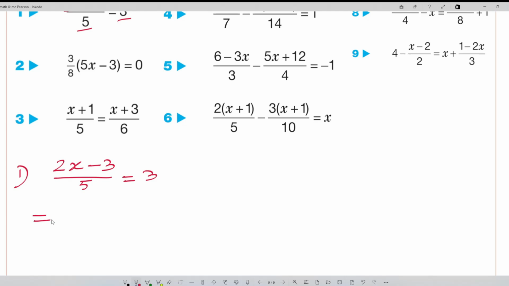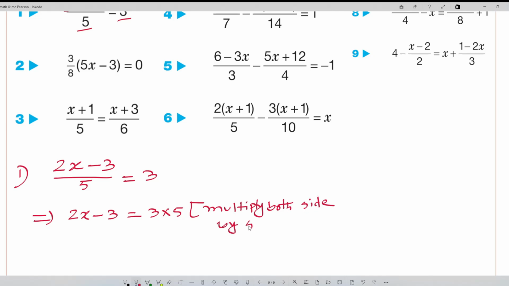So first, once we multiply both sides by 5, it will become 2x minus 3 equals 3 times 5. We can write here, multiply both sides by 5.